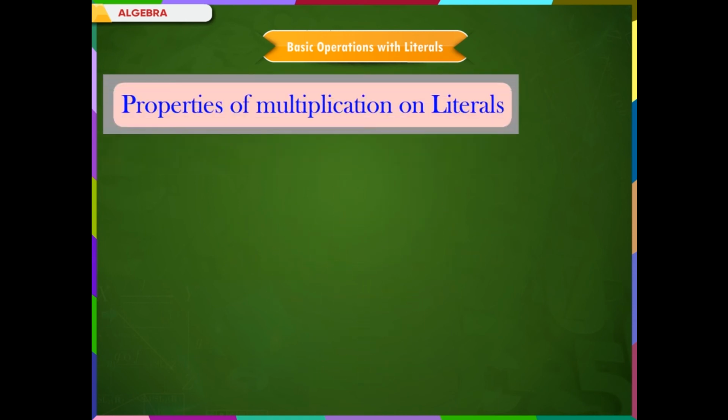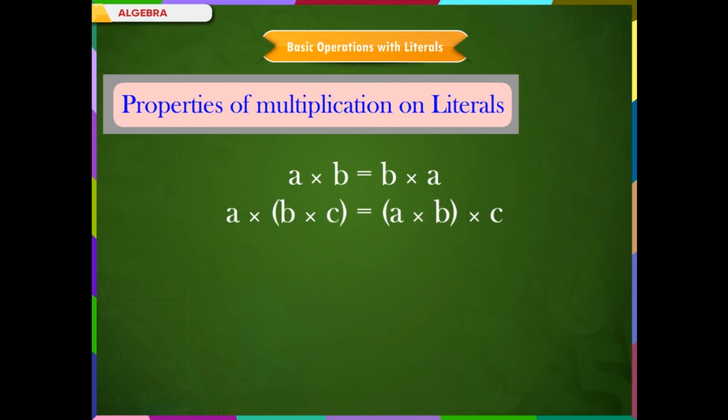Properties of multiplication. Like numbers, the multiplication of literals has the following properties. A into b is equal to b into a. A into b into c is equal to a into b into c. A into 1 is equal to 1 into a is equal to a.